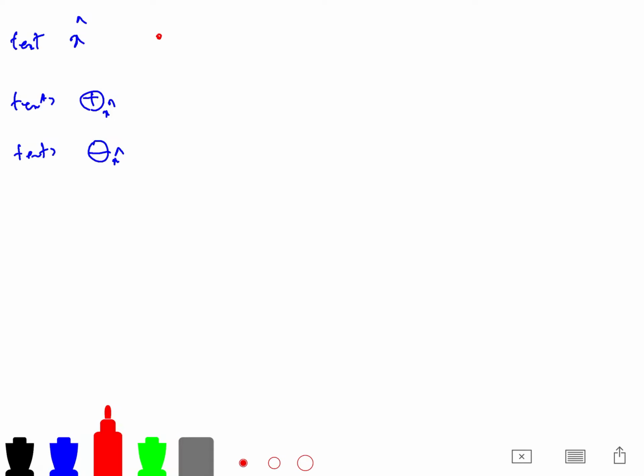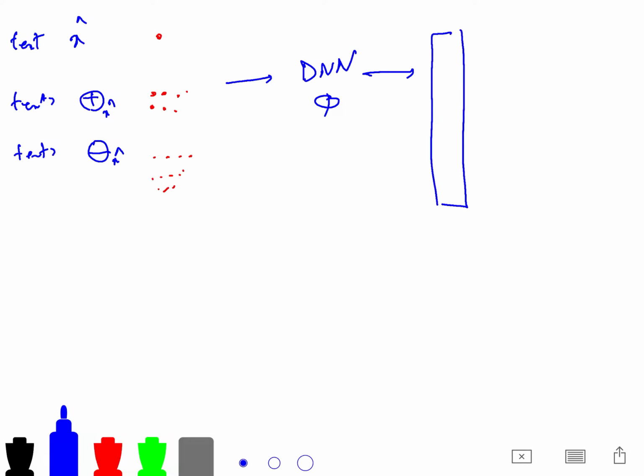But because there are lots of neighbors, we have some neighbors for the text, for the positive labels, if you like, and we have some for negative. And then you just give it to a deep neural network, and your goal is to find this embedding phi, and what you get, as I said, is just a binary code.